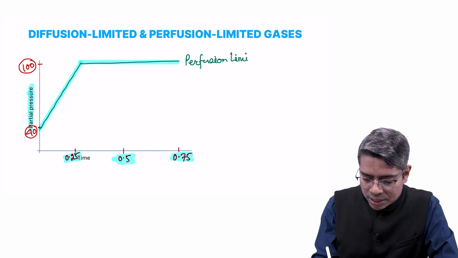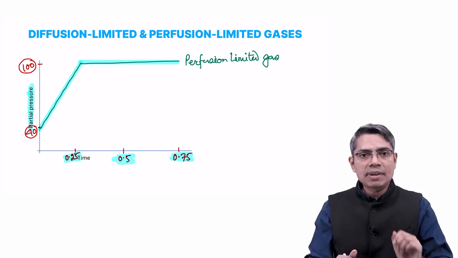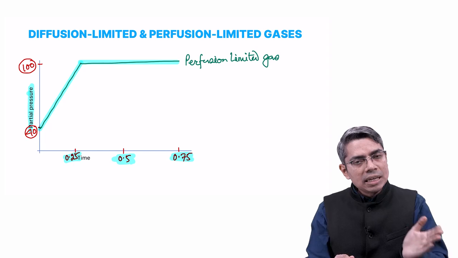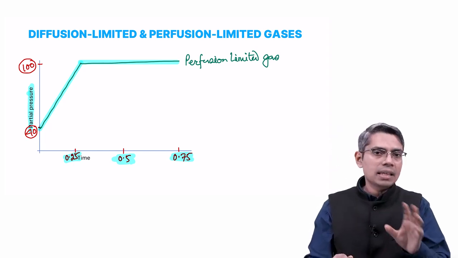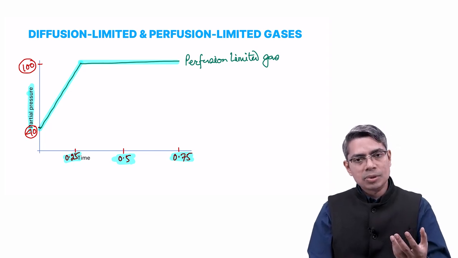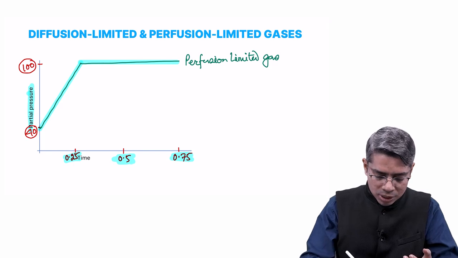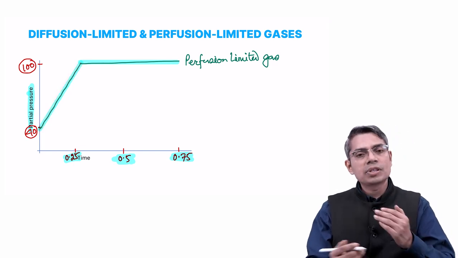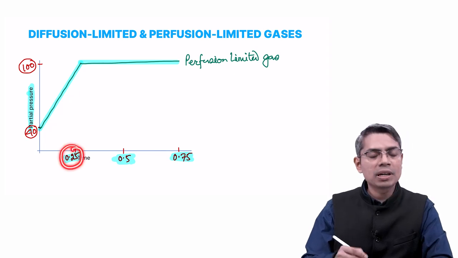Why? What is the limiting factor here? The limiting factor is that only if you increase the perfusion can you increase the oxygen diffusion. Otherwise, no further oxygen diffusion is possible. The oxygen diffusion is so fast that diffusion equilibrium is reached within 0.25 second only.